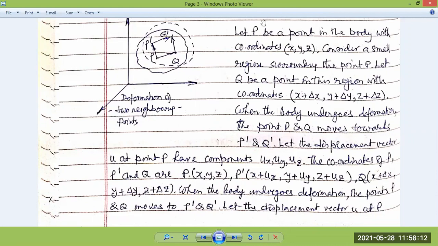Let us consider the displacement vector. Now, shear strain for that is 4.